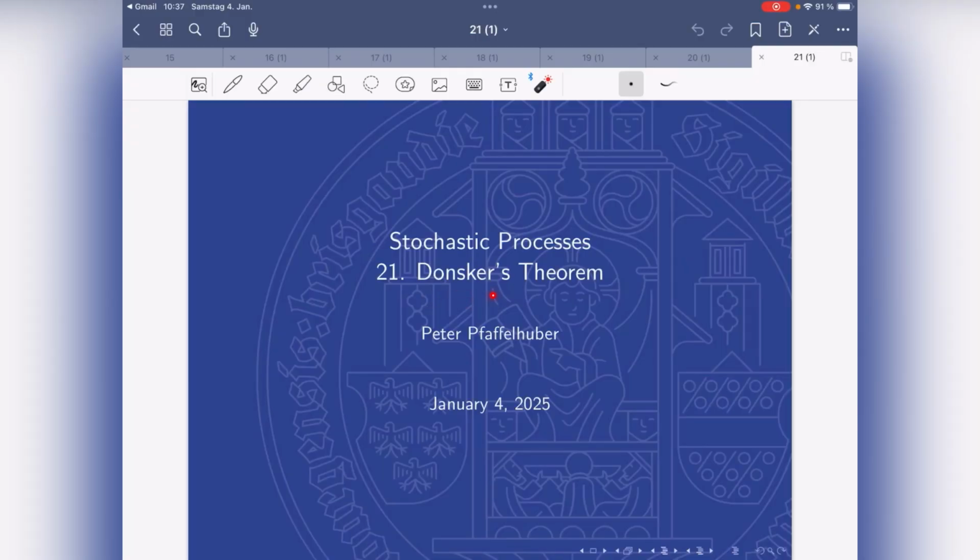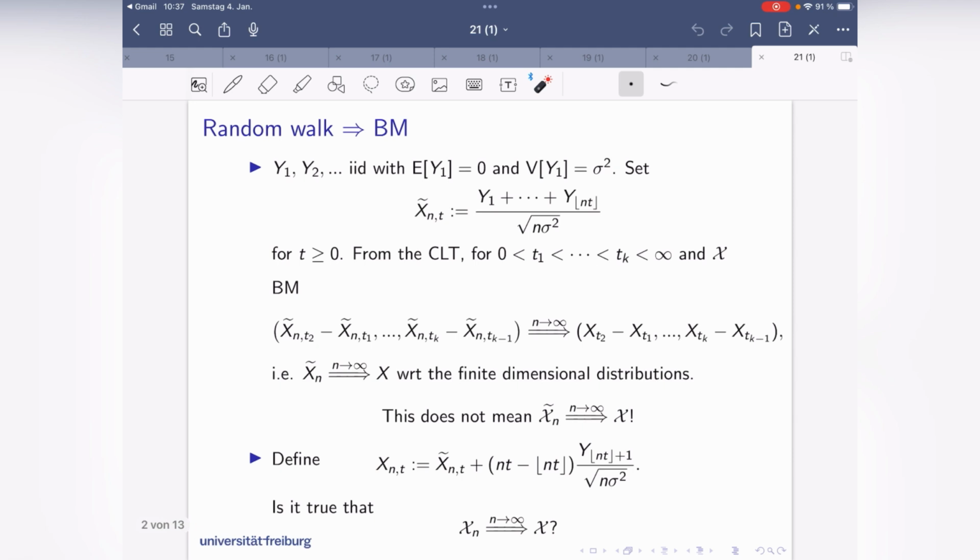So, Donsker's theorem. Let me first try to explain the problem. So, what do we know about random walks and Brownian motion? We have IID random variables with variance sigma squared and expectation 0.